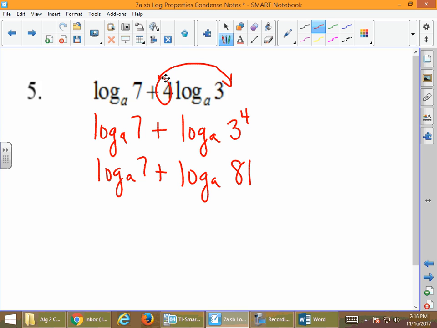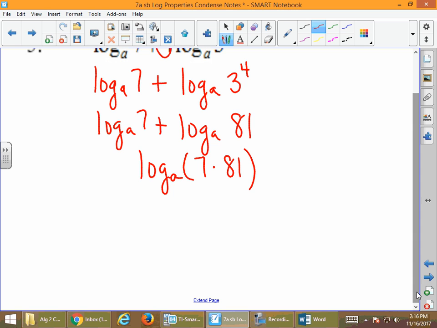And hopefully you're thinking multiply. So log base A of 7 times 81. Well, 7 times 81. Log base A, 7 times 1 is 7, 7 times 8 is 56. So log base A of 567.